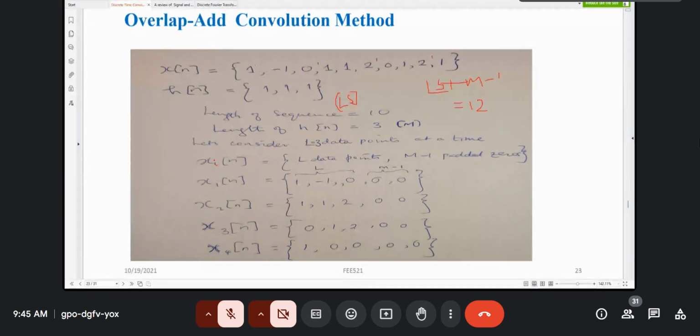So you are taking these 3 data points and padding with 0 0. Then you take these 3 data points, pad with the 0 0. Then take these 3 data points, pad with 0 0. And then, of course, this is 1, so you first add 2 data points, then pad it, because the next one is 0. So just add 0 0, then pad it.